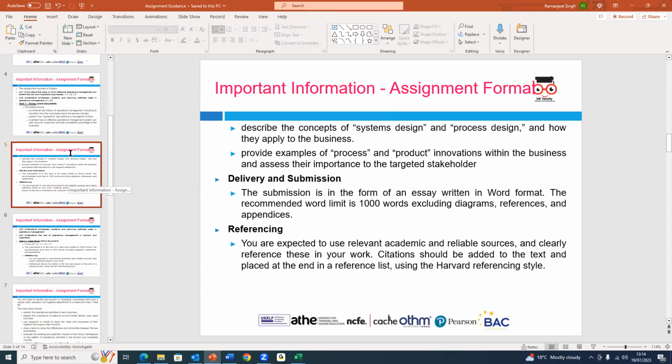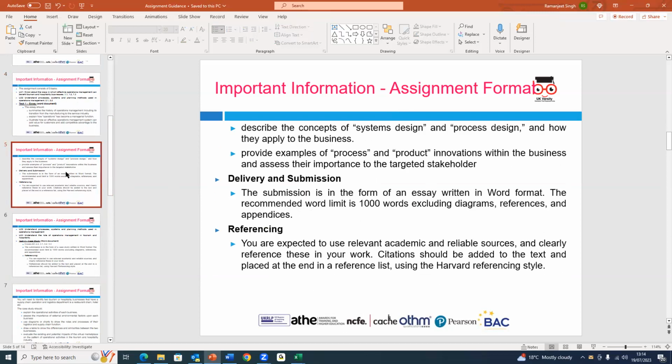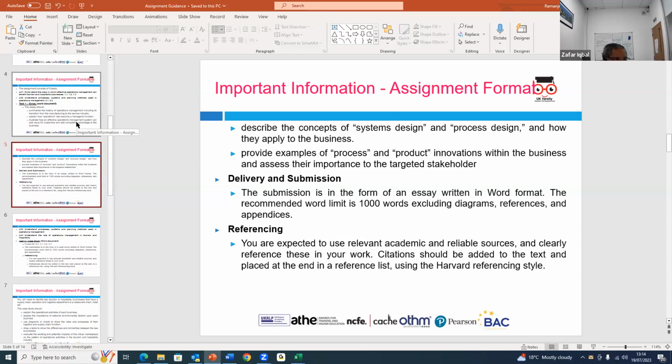Right. Okay. Then the second learning outcome has 2 learning assessment criteria, 2.1 and 2.2, and this is also a form of continuous essay, isn't it?